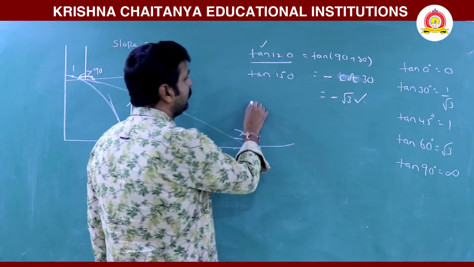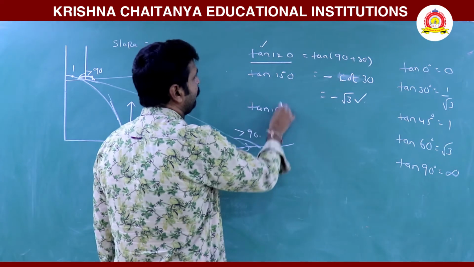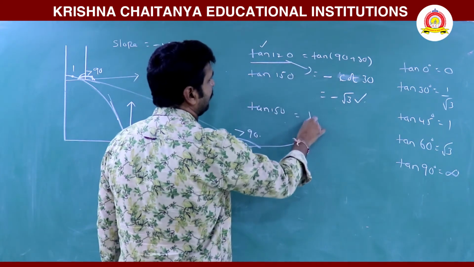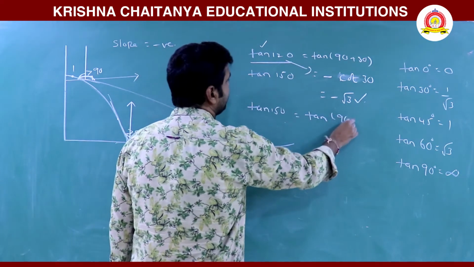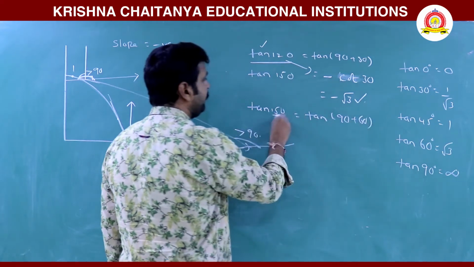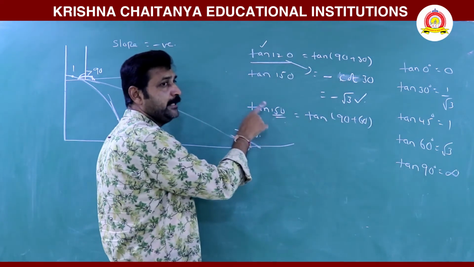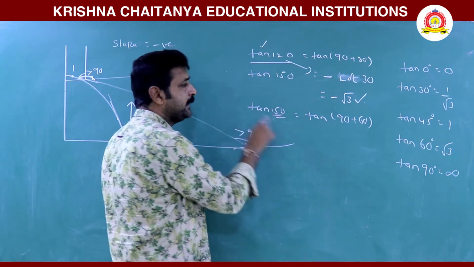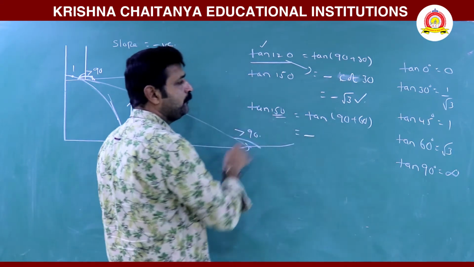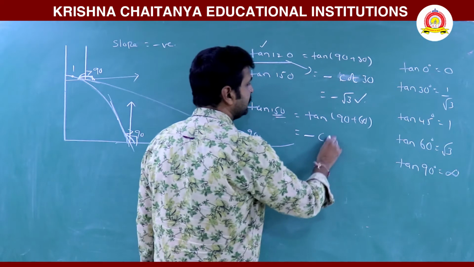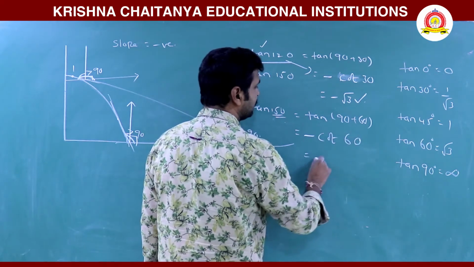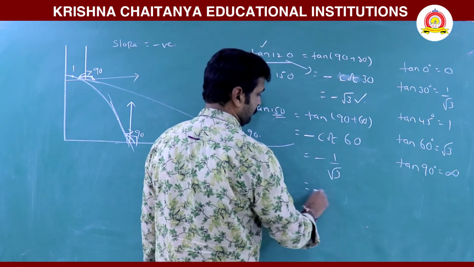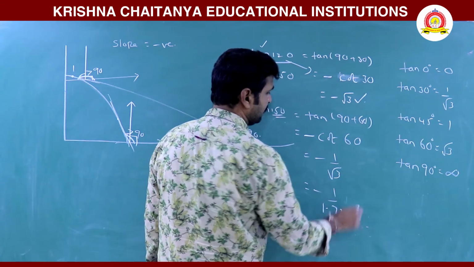And similarly tan 150. Tan 150 is tan of 90 plus 60. Since 150 is also between 90 and 180, tangent is a negative function for the 150 angle. And this is minus cot 60. Cot 60 is 1 by root 3, that means 1 by 1.732.